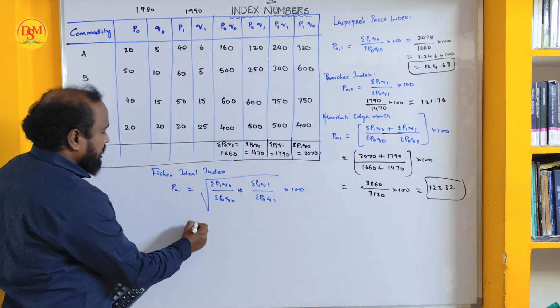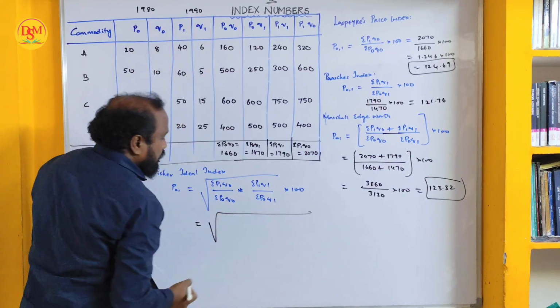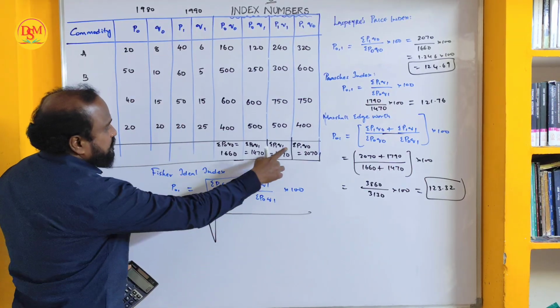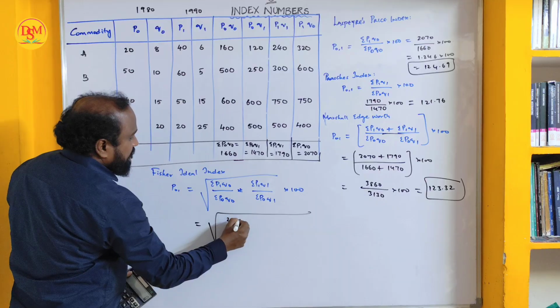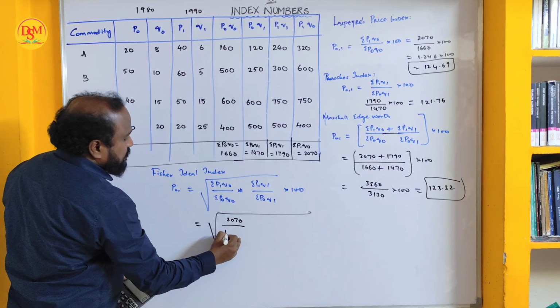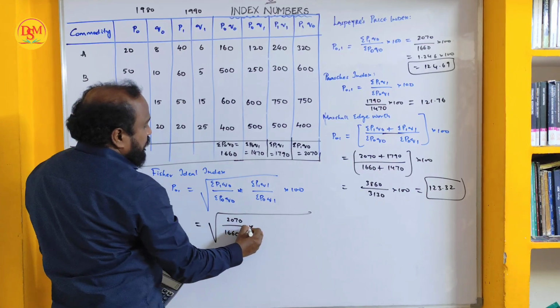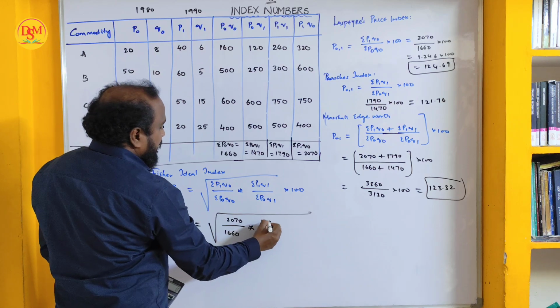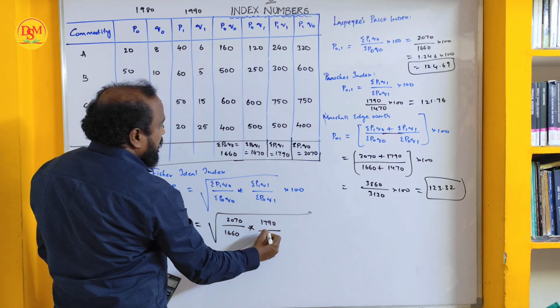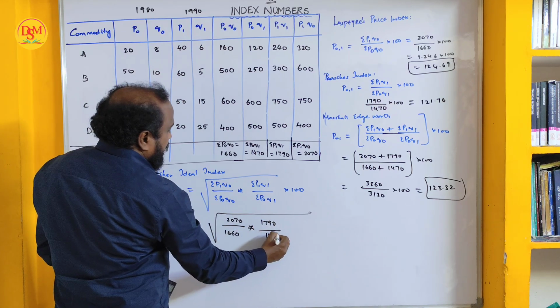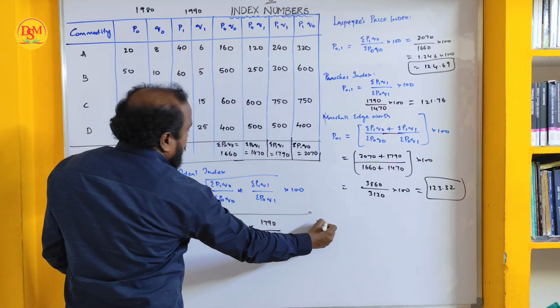Next, Fisher's index number, directly substitute in the formula. Root of P1 Q0, 2070, divided by P0 Q0, 1660, into P1 Q1, 1790, divided by P0 Q1, 1470, into 100.